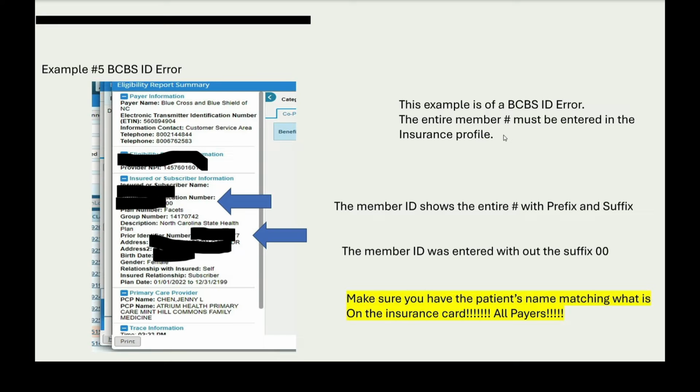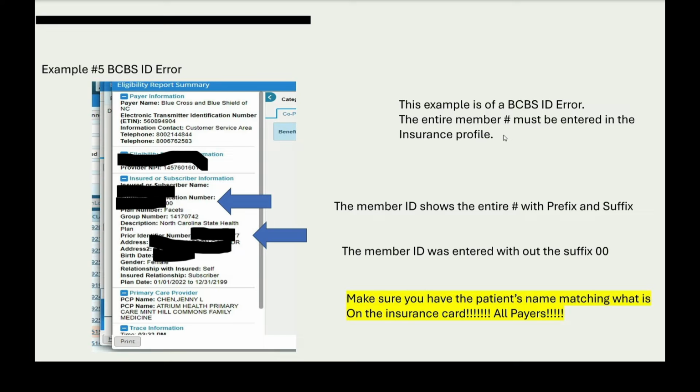Next thing that's really big with the payers, especially Blue Cross, is the patient's name. If the patient's name does not match in your system to what is on that insurance card, it will reject. So if you have a patient by the name of, I'm going to make one up here, Gregory A. Smith, and the patient likes to go by Greg, and they just put in the system Greg Smith, Blue Cross is going to deny that because that's a nickname.